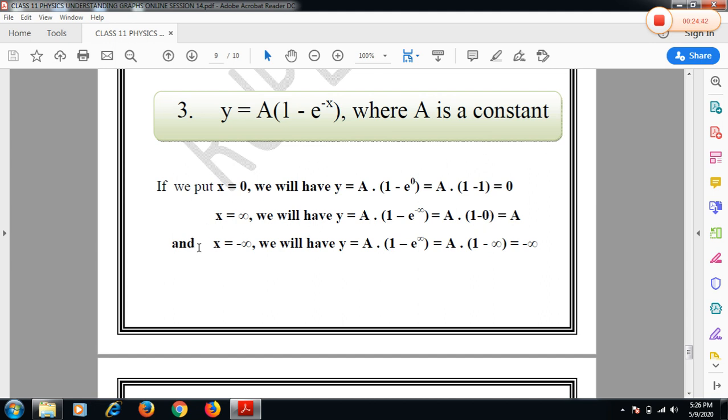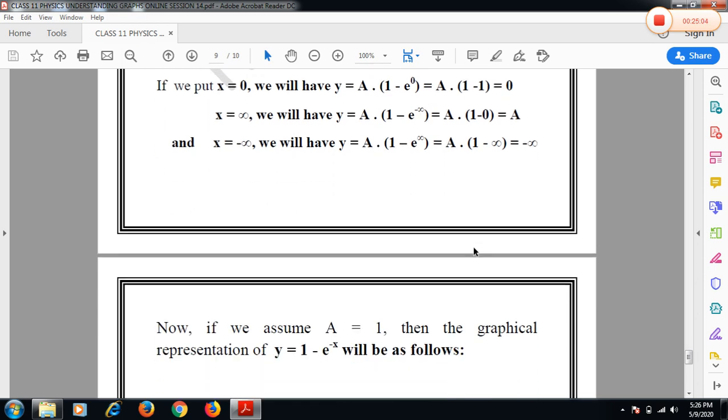In the last step of the critical point analysis, we will put x equals minus infinity. So we will have y equals a into 1 minus e to the power minus of minus infinity, equals a into 1 minus infinity, which results in minus infinity. Okay, students.